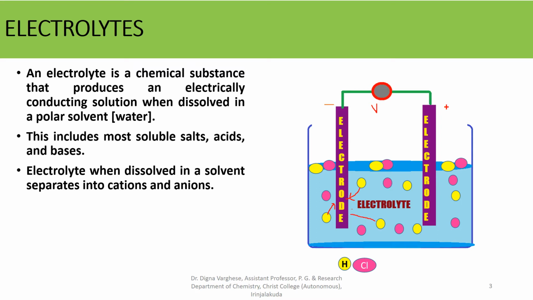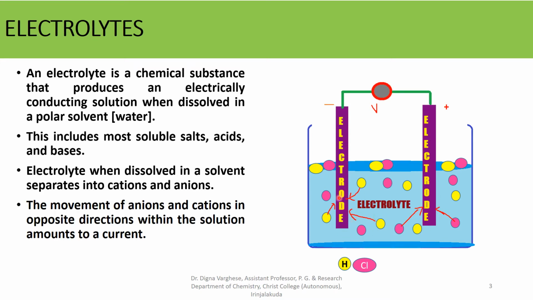Cations move towards the negatively charged electrode while anions move towards the positively charged electrode, where electrons are deficient. So a substance that dissociates into ions in solution acquires the capacity to conduct electricity. Such substances are known as electrolytes. The movement of anions and cations in opposite directions within the solution produces a current.